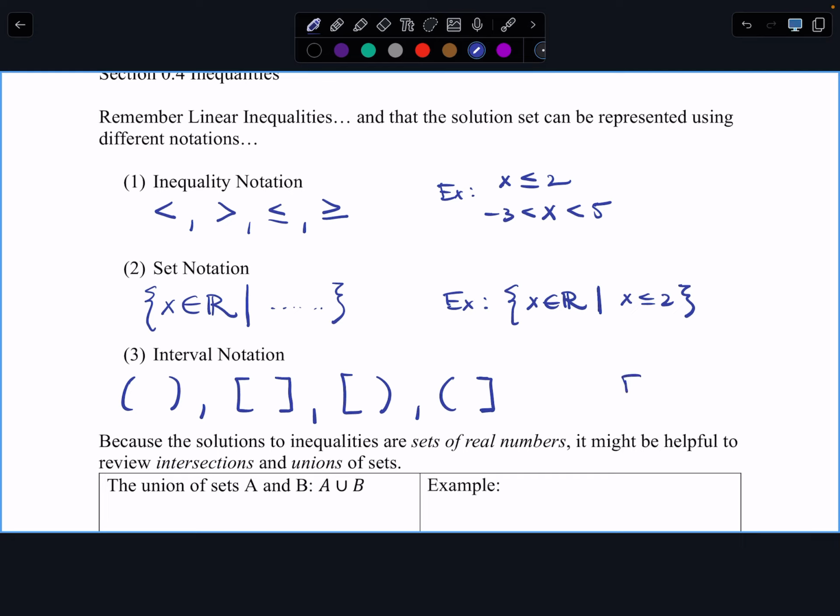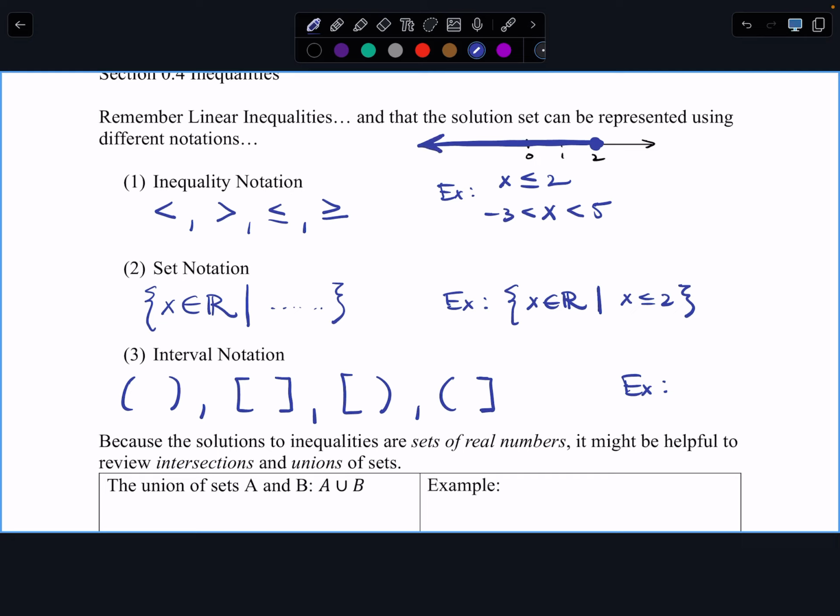So for example, if we were representing x is less than or equal to 2 in interval notation, we're thinking about the real number line, and reading the real number line from left to right, if 0's here and then 2, we're saying that 2 is included, and then all the values that are less than 2.